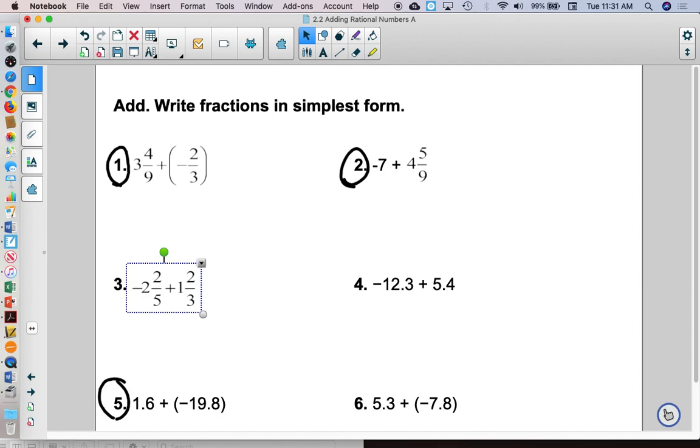And then this one, what do you have there? This one's wrong. Yes. Yes.